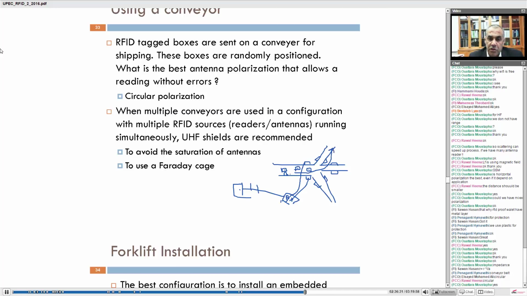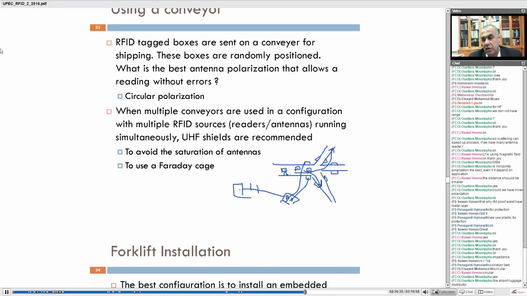You have a computer here, a computer with Wi-Fi for example, and these are connected to the same computer with your application. For example, B1 should take this route and B2 should take this route.